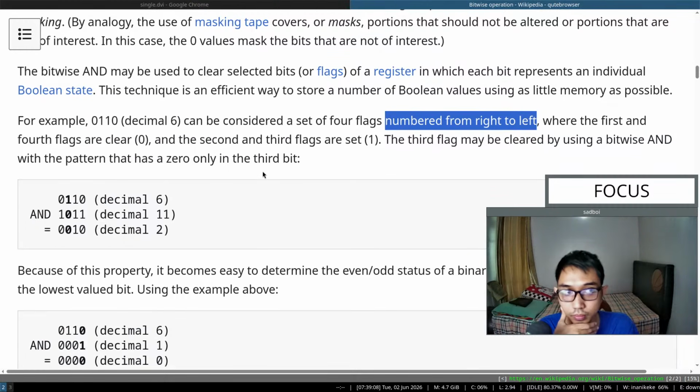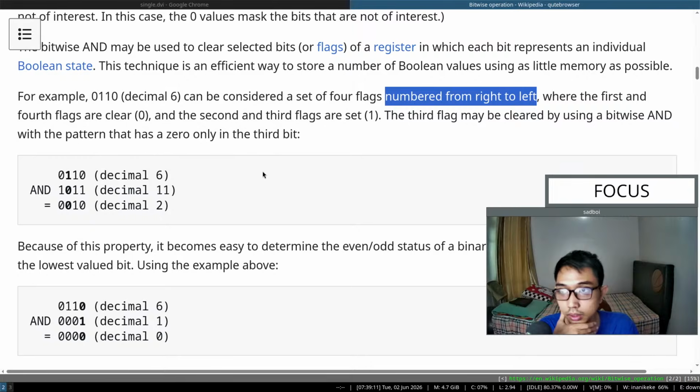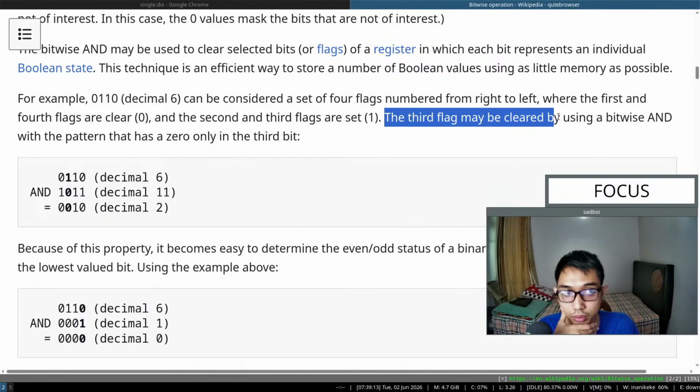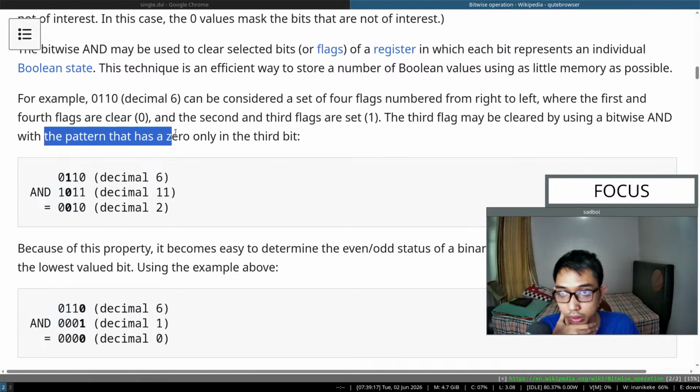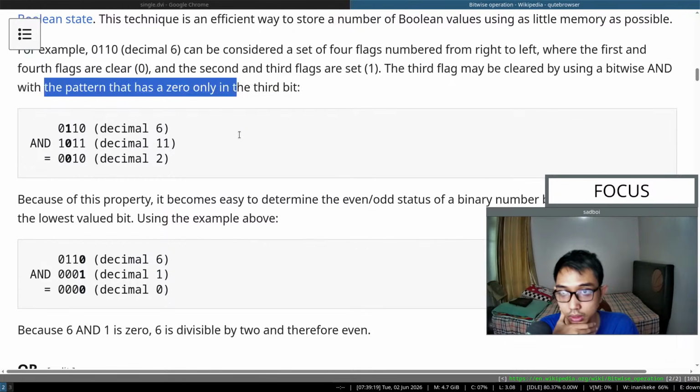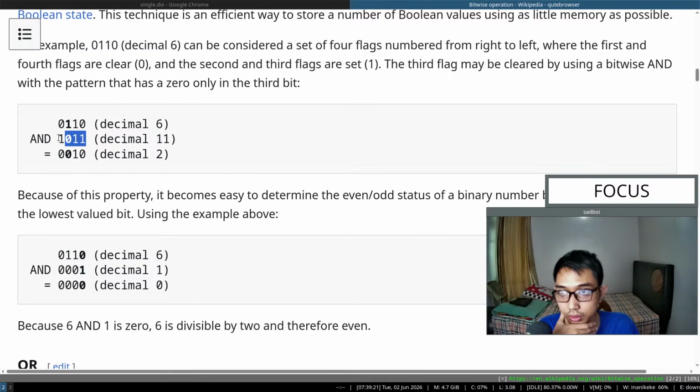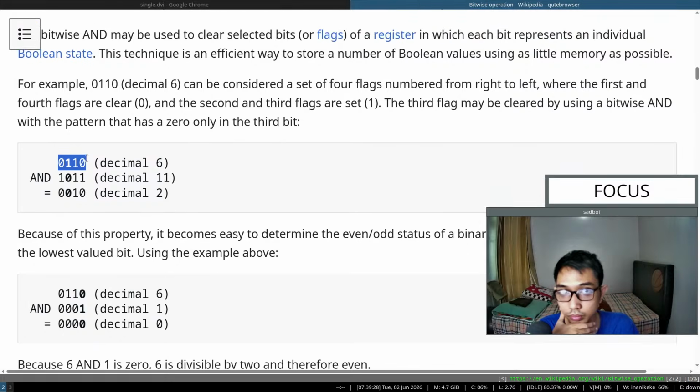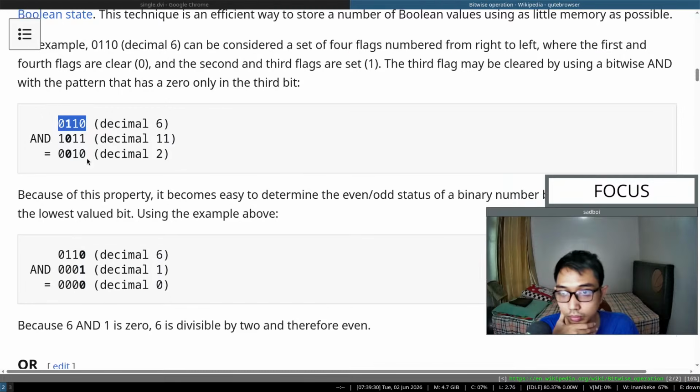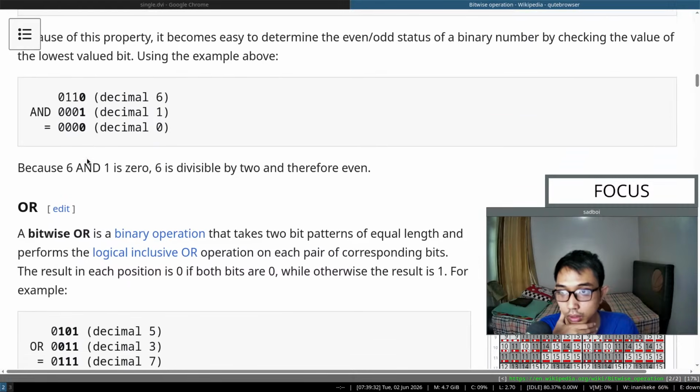Oh, okay. The third flag may be cleared by using a bitwise AND with the pattern that has a 0 only in the third bit. Think this one. Okay.